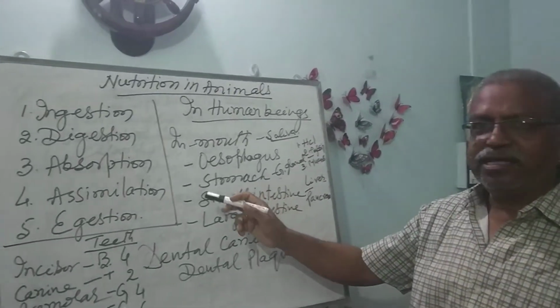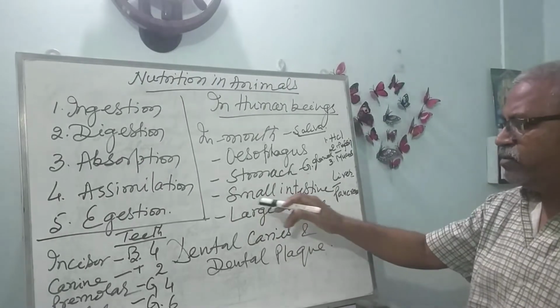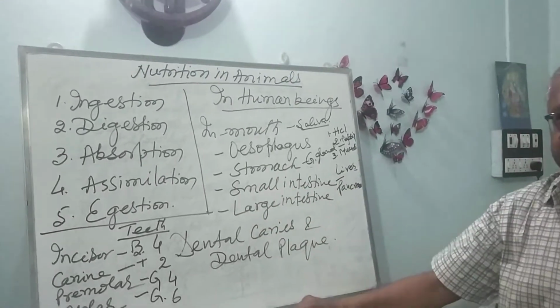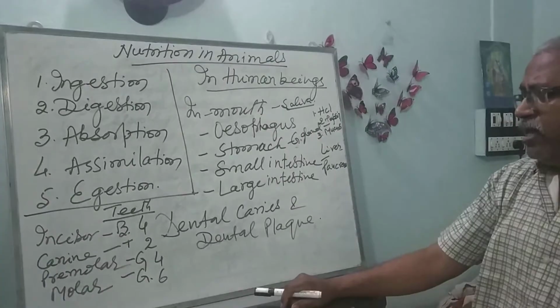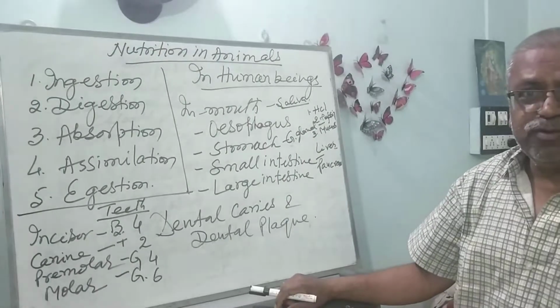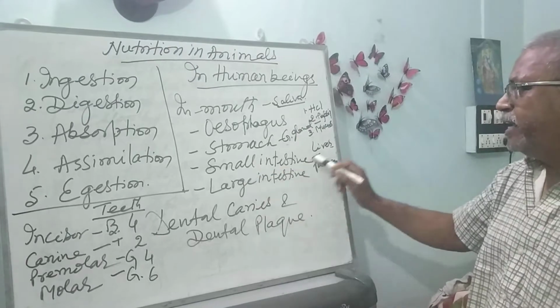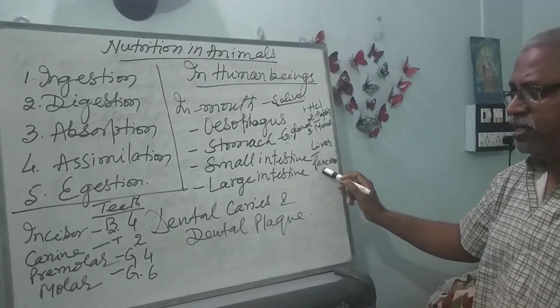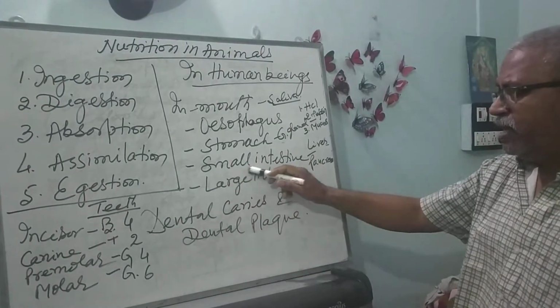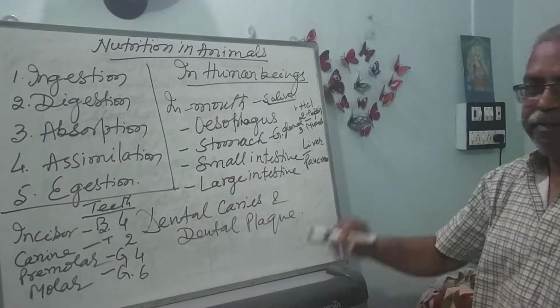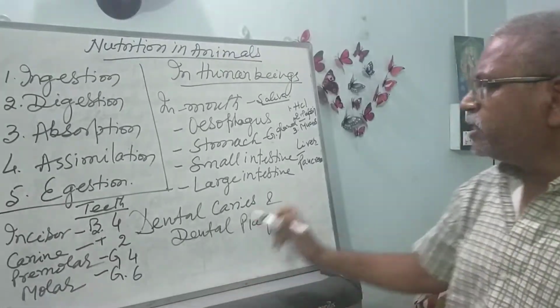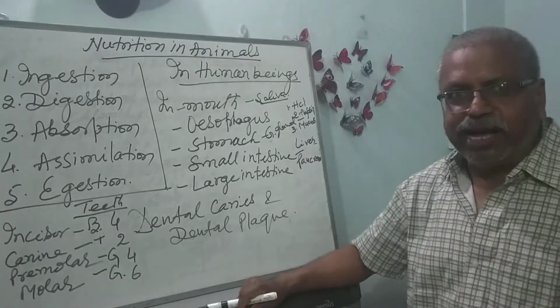Now after the stomach, the food comes into the small intestine, and in the small intestine there is a role of two large glands, liver and pancreas. That is, the small intestine receives the secretions of liver and pancreas. Liver secretes bile.